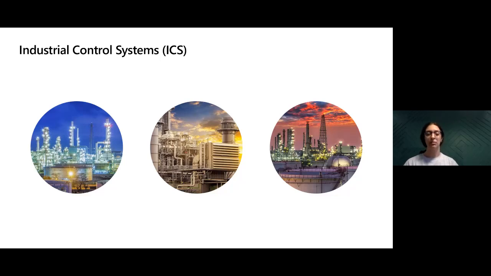These systems are deployed in anything from pharmaceutical to manufacturing, and they control many critical processes running around the world. I'm sure many of you have heard of different types of them, like SCADA and DCS.